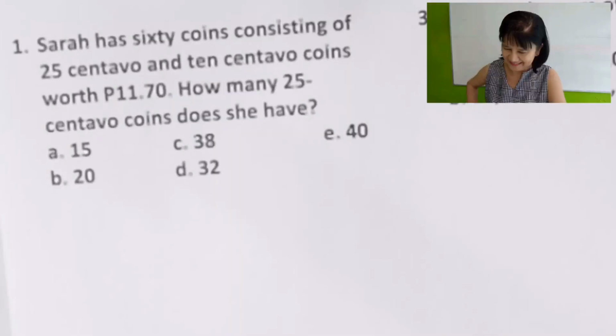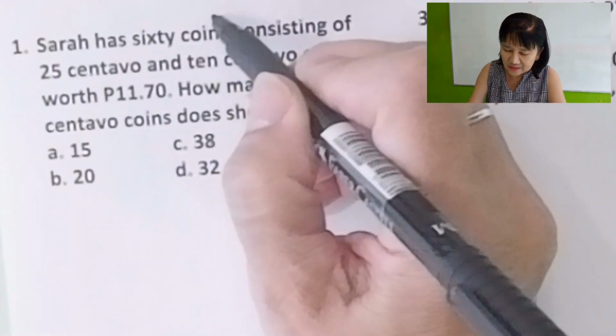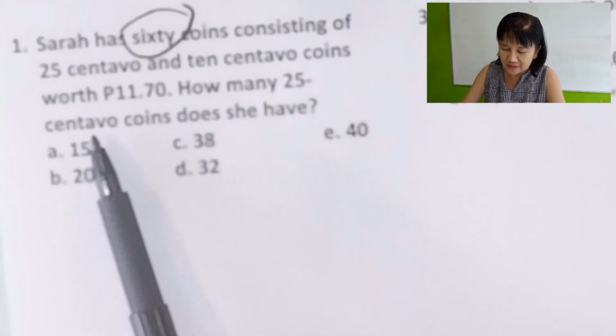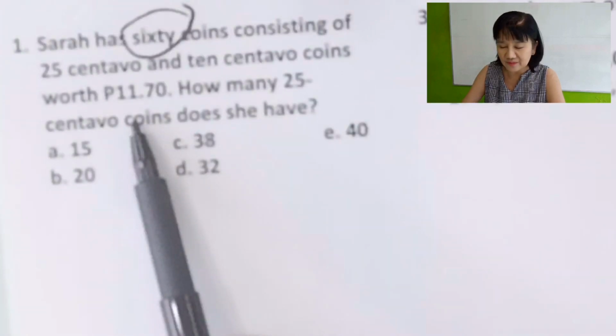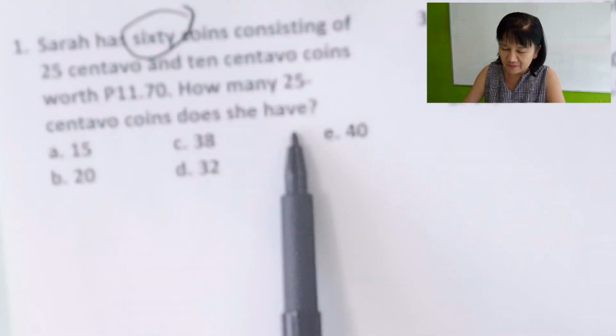Okay, let's proceed. Problem number 1. Sarah has 60 coins, consisting of 25 centavo and 10 centavo coins worth 11 pesos and 70 centavos. How many 25 centavo coins does she have?